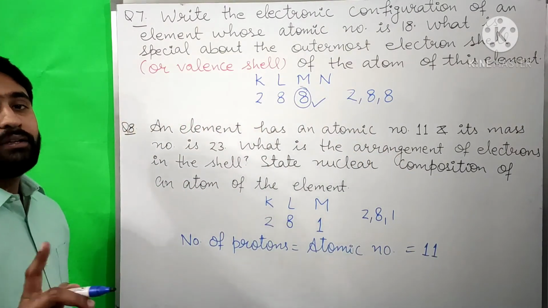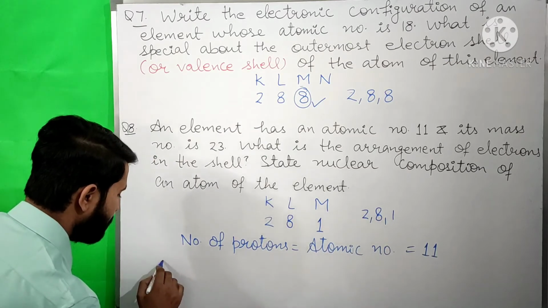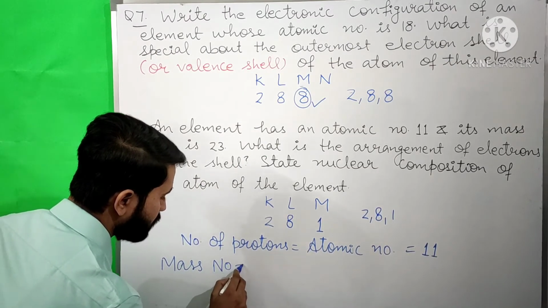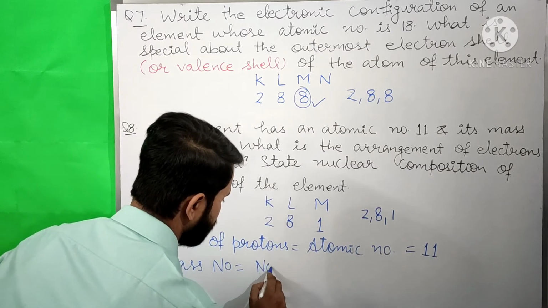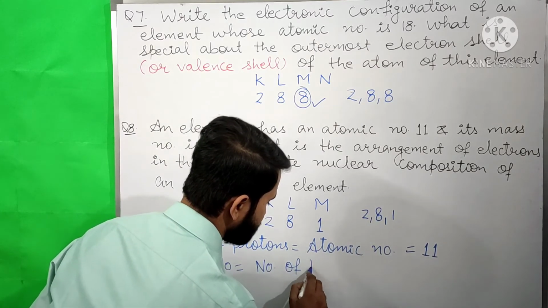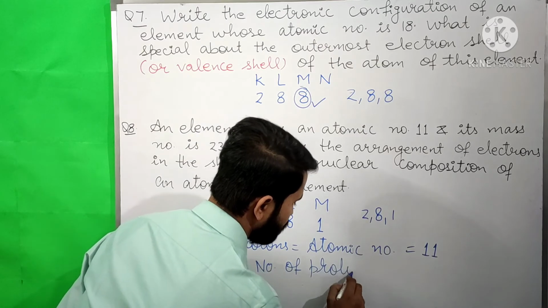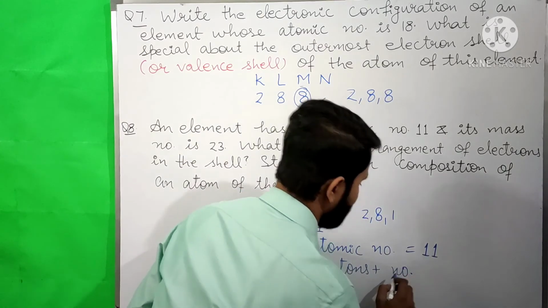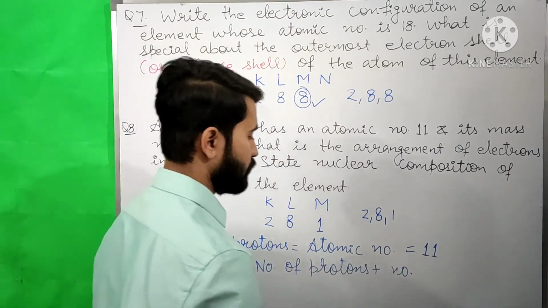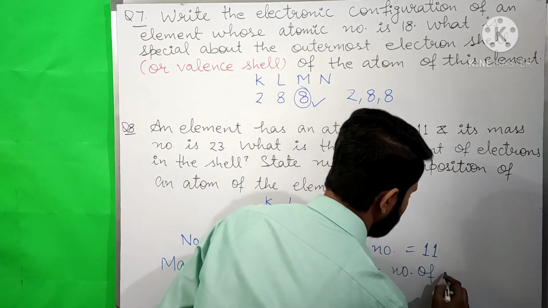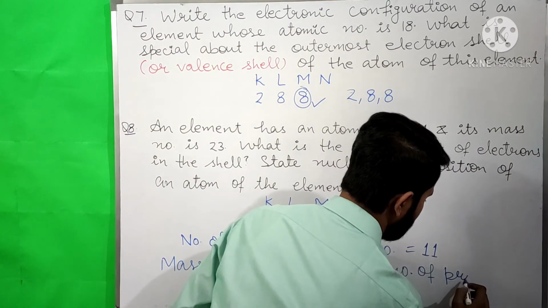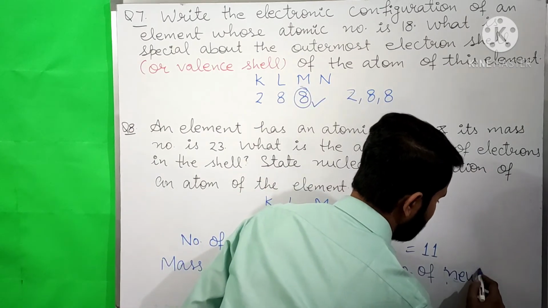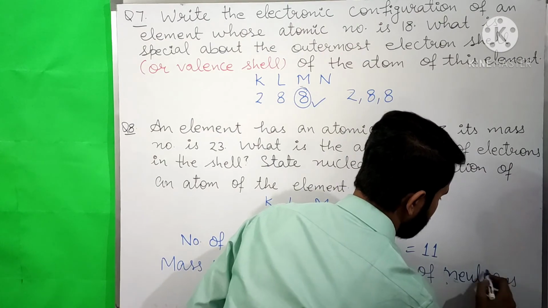Now we will use the formula: mass number is equal to number of protons plus number of neutrons. Now we have already calculated the number of protons. So we will put the number of protons in this formula and then we will calculate the number of neutrons.